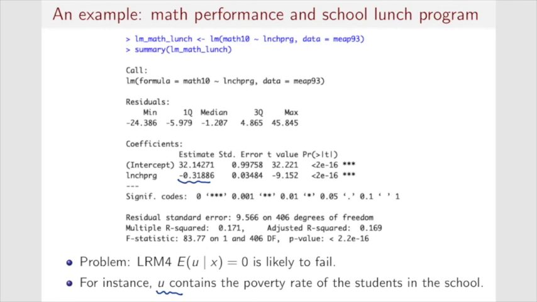Schools with more poor kids are more likely to have higher coverage of the lunch program, but these schools are also likely to have low performance on passing the math exam. Therefore, the unobserved factor, which is the poverty rate, is likely to correlate with the coverage of the lunch program.